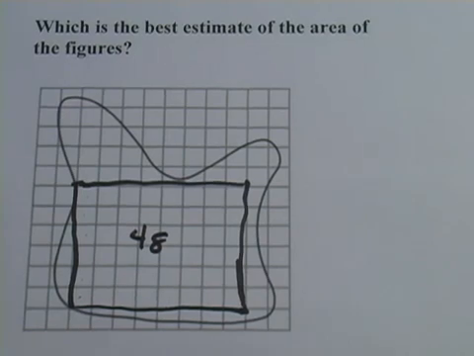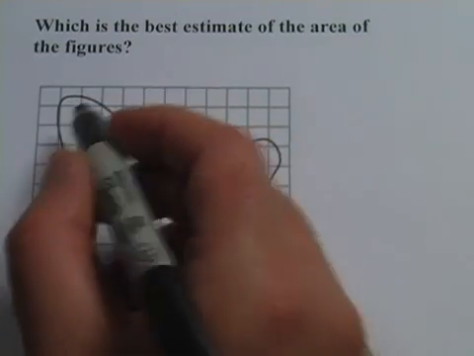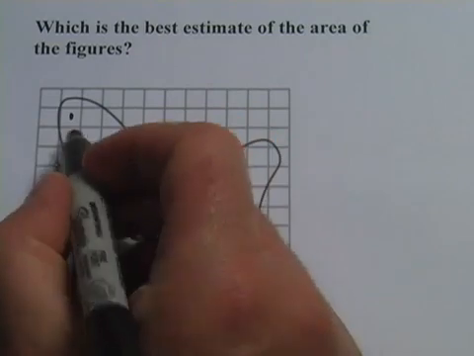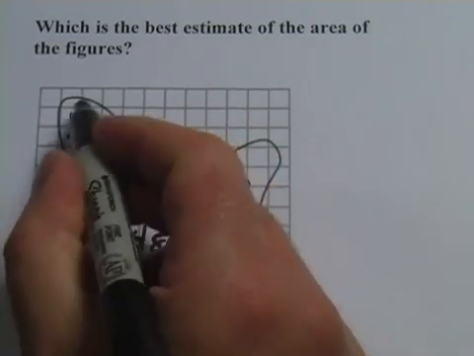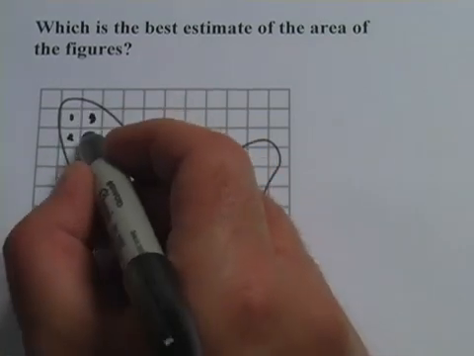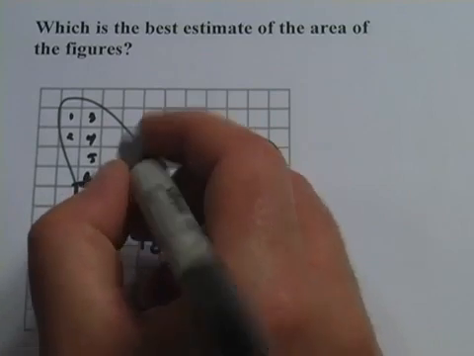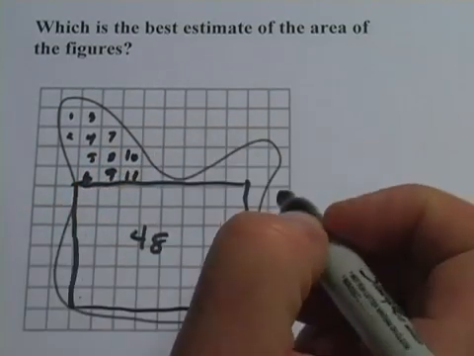Now I can just count some of the other ones. I'm going to start with the ones that are whole, and I'm just going to mark them off as I count them. There's 1. This one's mostly there, so I'm just going to go ahead and count it. 2. I'll leave the partial ones and deal with those later. 3, 4, 5, 6, 7, 8, 9, 10, 11.